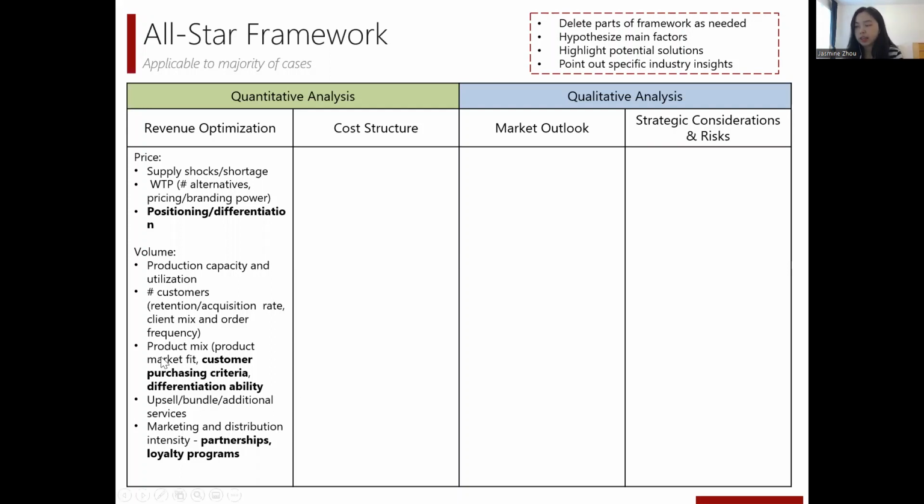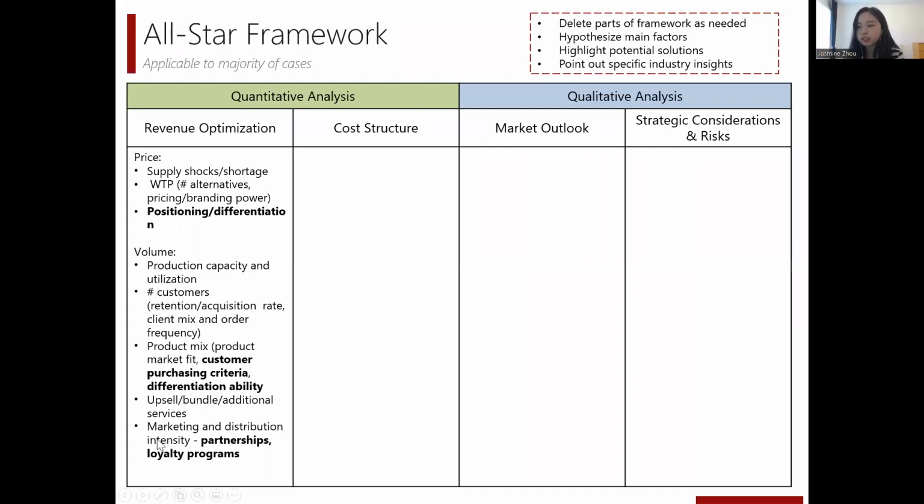You also want to look at your product mix. So what can be done to your product market fit to make it fit the customer's purchasing criteria, and then of course differentiation ability relative to other products on the market. And are there any upsell, bundling, or additional service opportunities in which you can use to increase your volume of this revenue bucket?